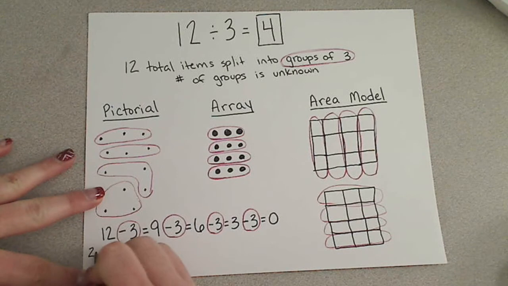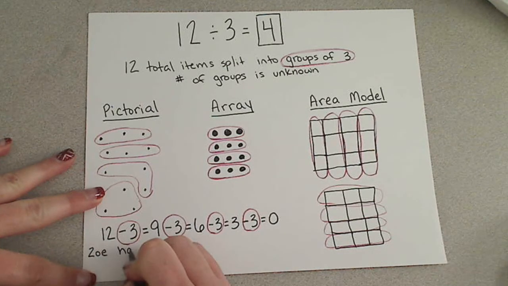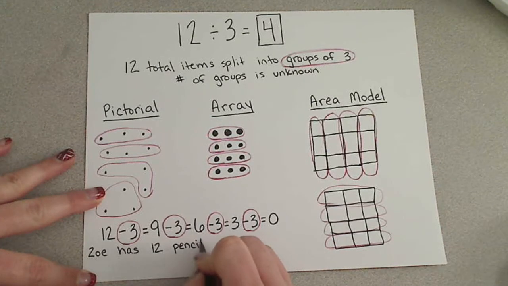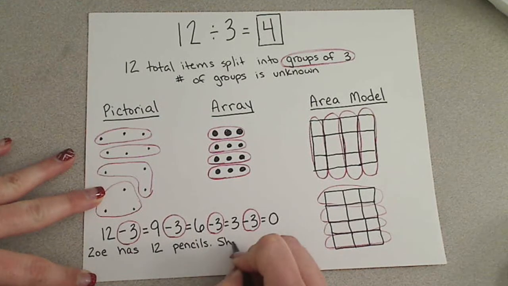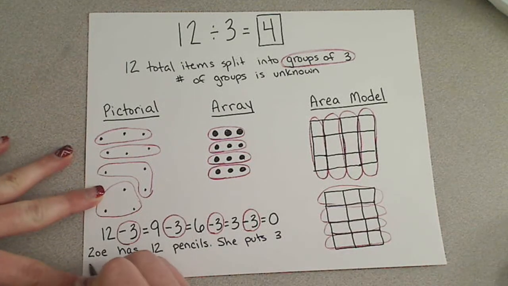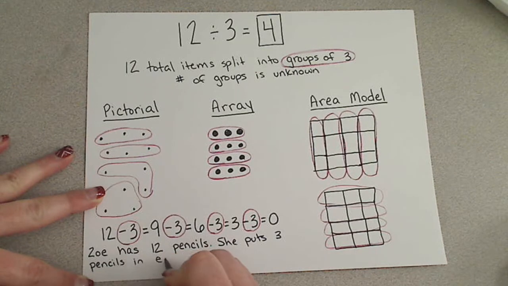So Zoe has 12 pencils. She puts 3 pencils in each box.